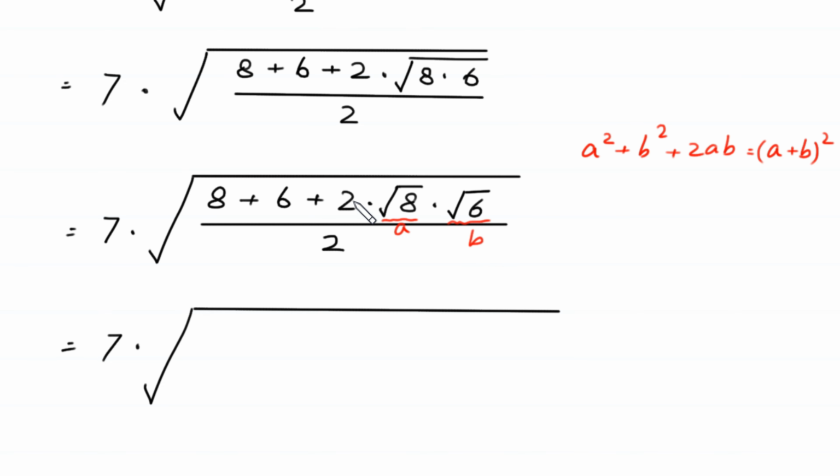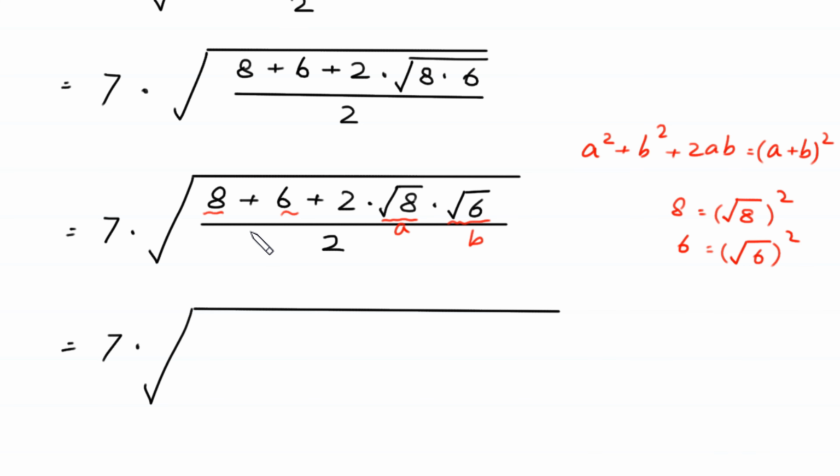So we have here 2ab, and we can write this 8 as square root of 8 squared, and we can write this 6 as square root of 6 squared.